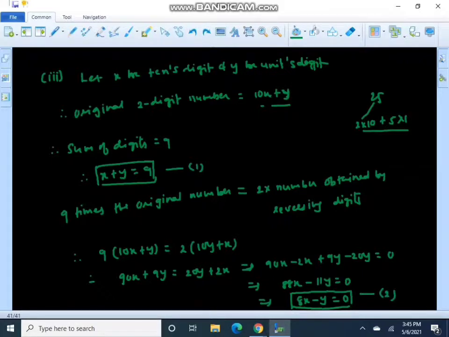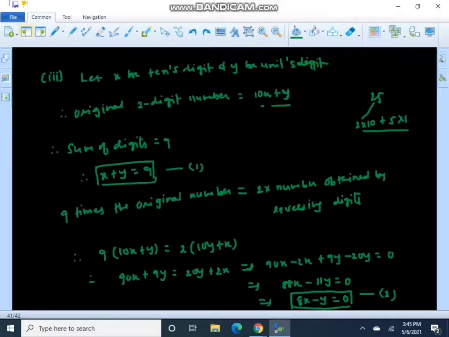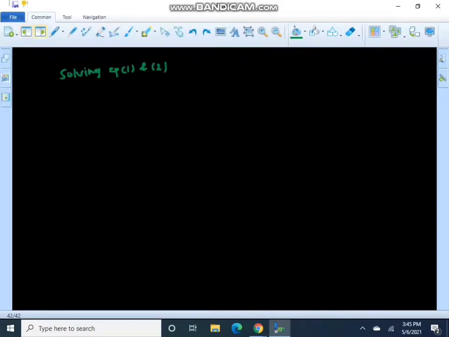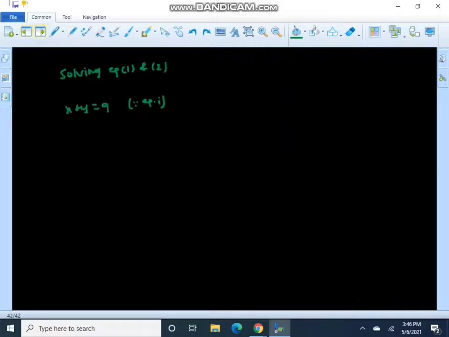Now we can solve equations 1 and 2. x plus y is equal to 9, this is equation 1, and 8x minus y is equal to 0, this is equation 2.